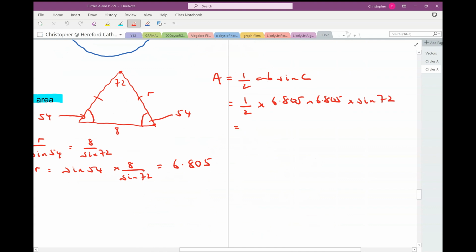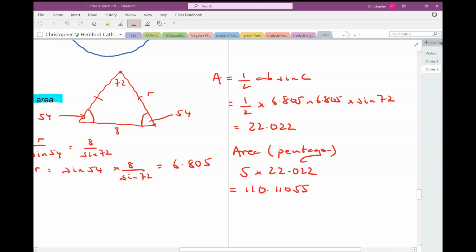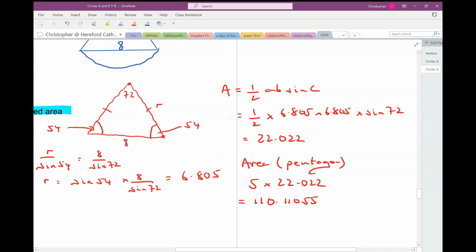Okay, so the area of that triangle is 22.022, which means the area of the pentagon is going to be 5 times 22.022. So the area of the pentagon is 110.11055. I'm keeping a note of all the digits so that my accuracy isn't compromised.